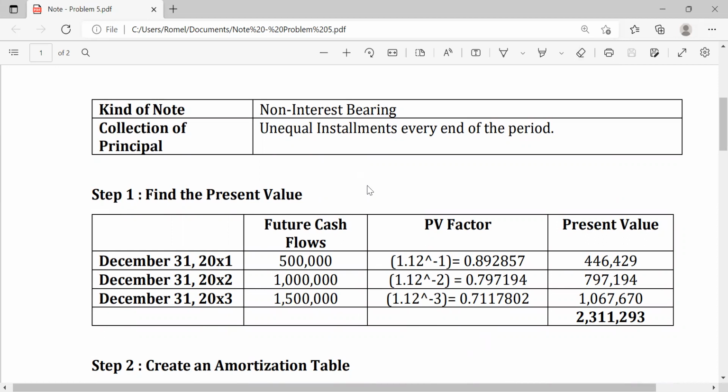So, the first step is to find the present value. Since hindi equal ang installments, manual ang pag-compute natin ng present values for every year. So it means that for 20X1, kailangan natin mag-compute ng PV formula for 20X1, for 20X2, and 20X3.